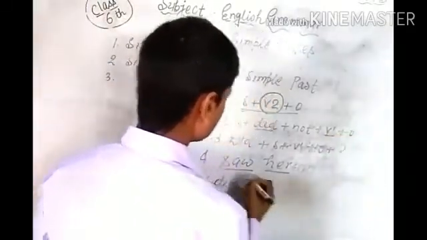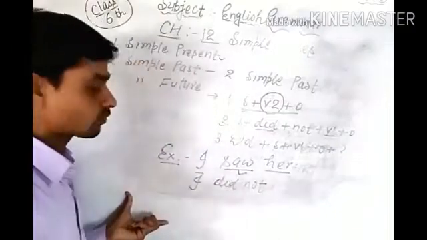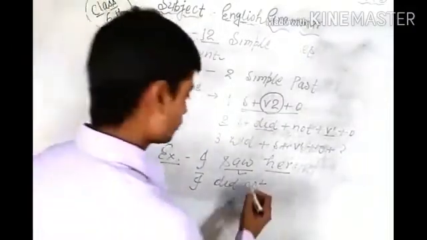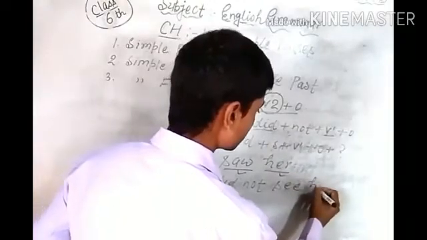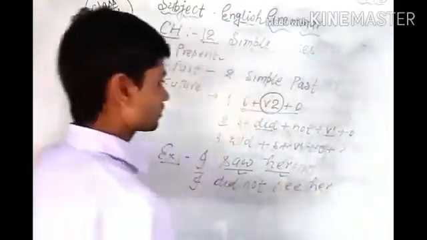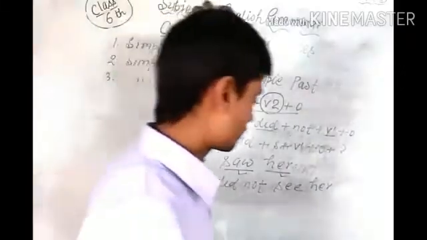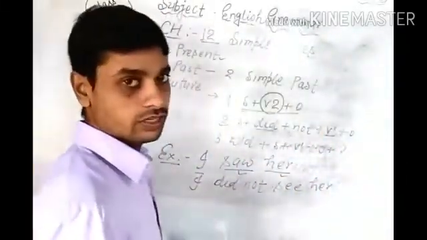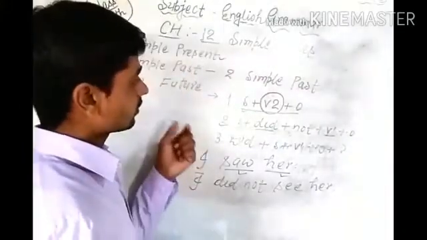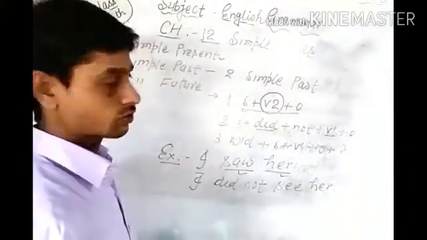Verb 1. So what is the verb 1 of saw? See. So, I did not see her, and object is her. Okay students, so according to a structure you can change the sentence into negative, interrogative, and you can also write on the basis of the affirmative structure.